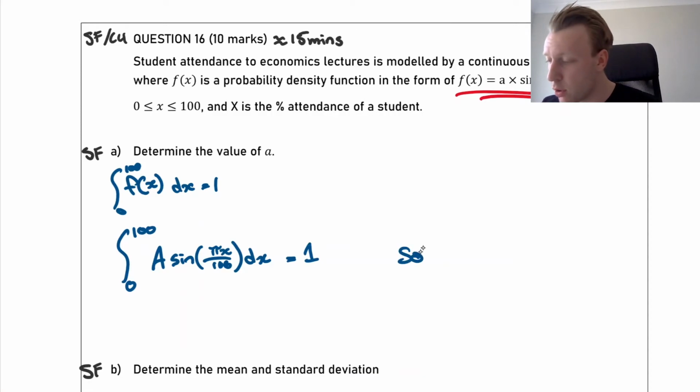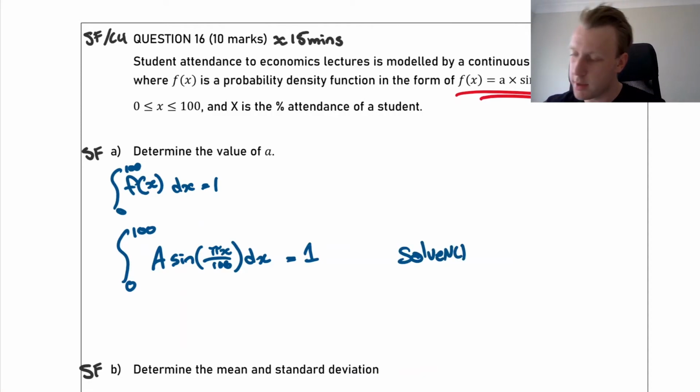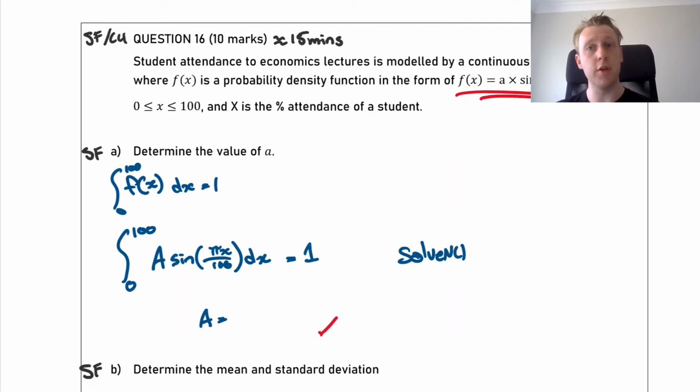And I'm going to solve this and get an answer for A. So you're going to get a mark for giving your answer of A, and also a mark for leveraging the fact that it's a PDF. So there's 2 marks there.